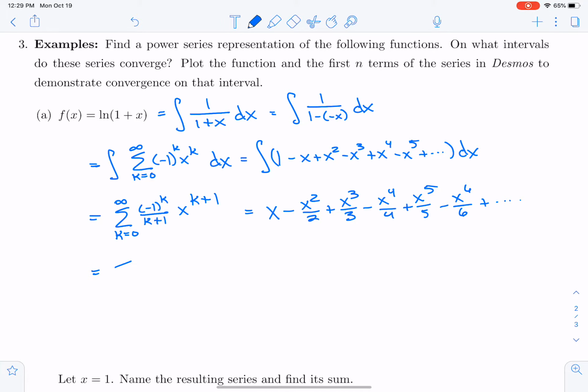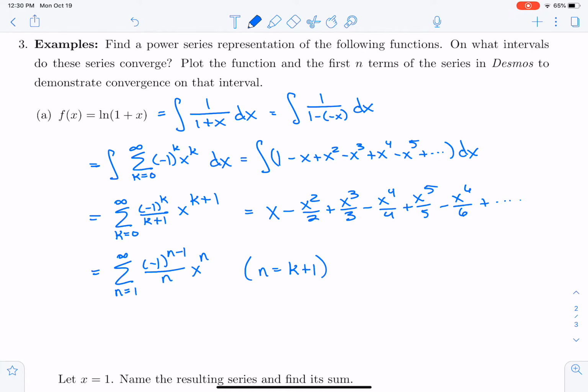If I'd like, I could re-index this and go from n equals 1 to infinity of negative 1 to the n minus 1 over n, x to the n power. That's generally how this is written, where n is, of course, k plus 1.